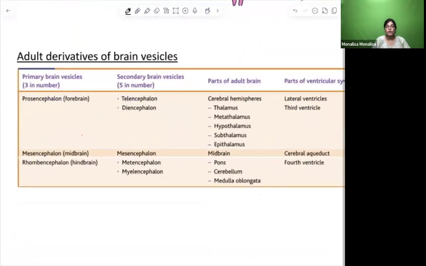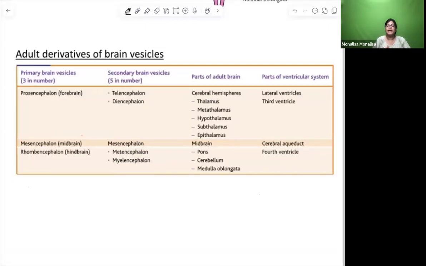So basically, the forebrain is called prosencephalon, which again divides into diencephalon and telencephalon. Telencephalon will form the cerebral hemisphere. Diencephalon will form thalamus, hypothalamus, epithalamus. The cavity of the diencephalon, that is hypothalamus and thalamus, is the third ventricle.